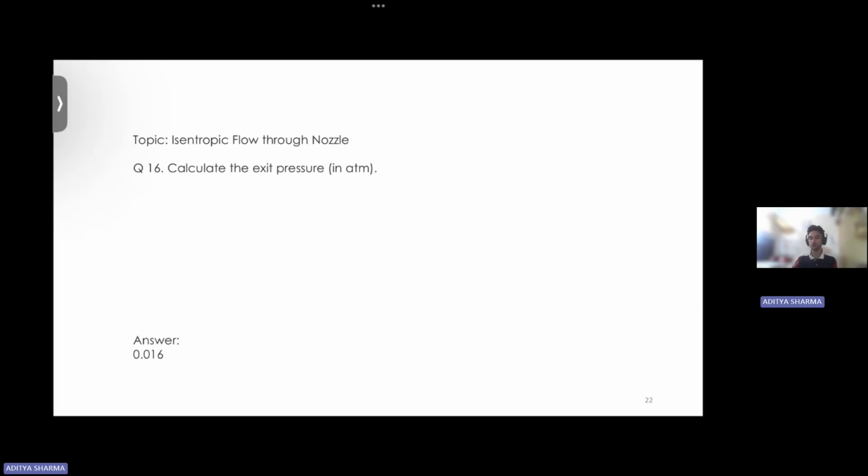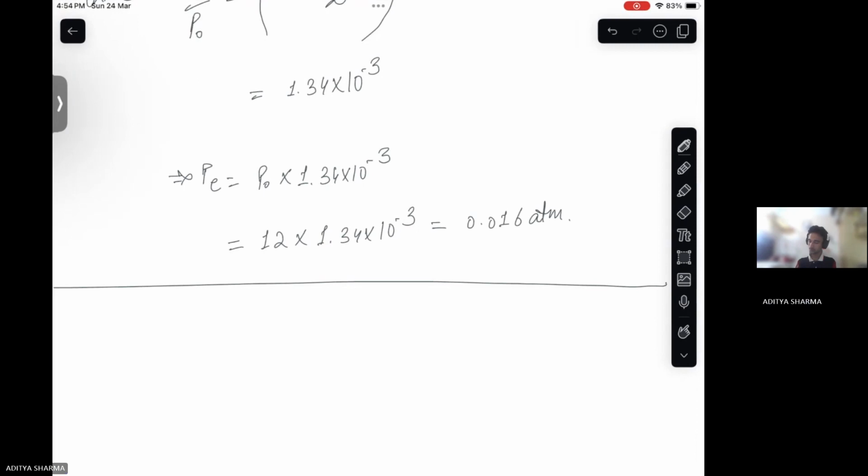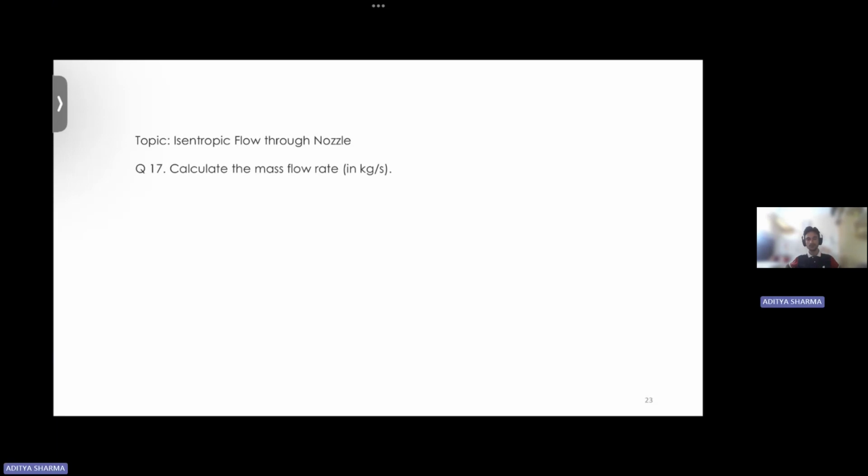All right. So now we are into the last question of this session. Question number 17 solution. Question number 17 says calculate the mass flow rate in kg per second.